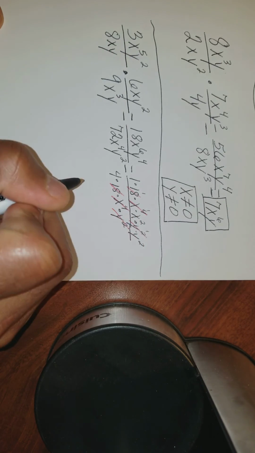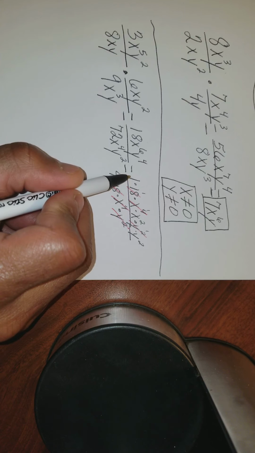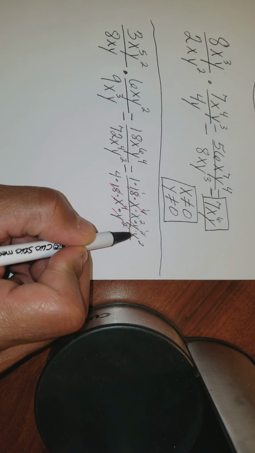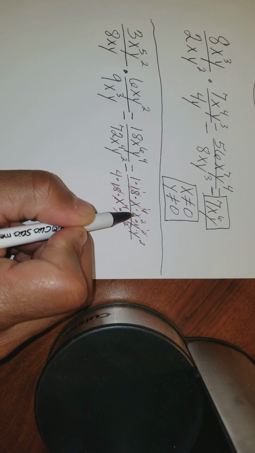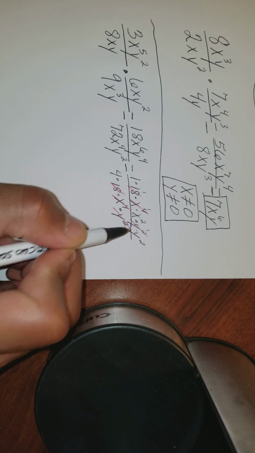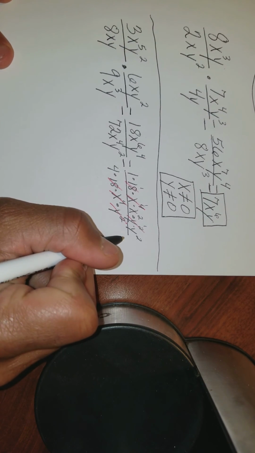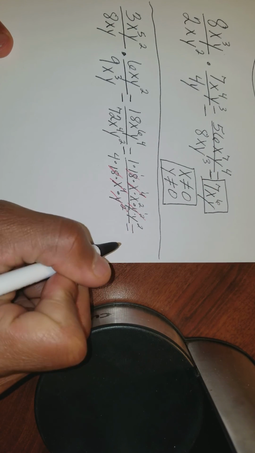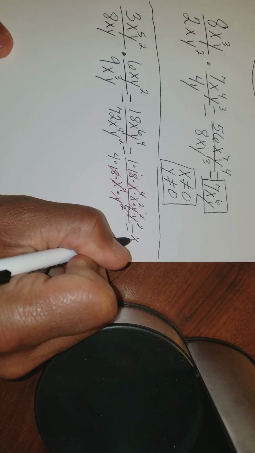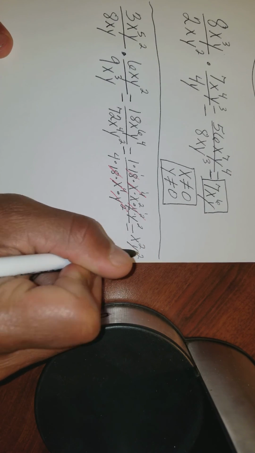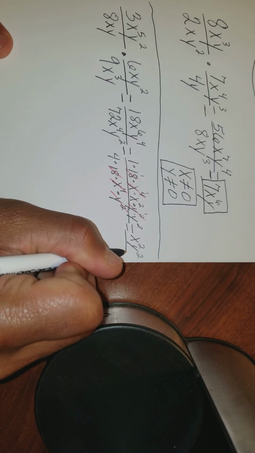This becomes 1. So the only thing that I'm really multiplying is 1 times x squared times y squared. X squared and y squared are the only two variables that are not marked off. So that will be part of my final answer. Here, x squared, y squared in my numerator.